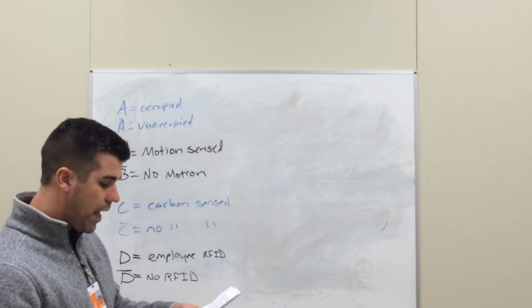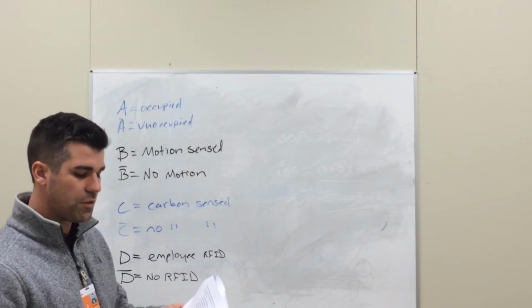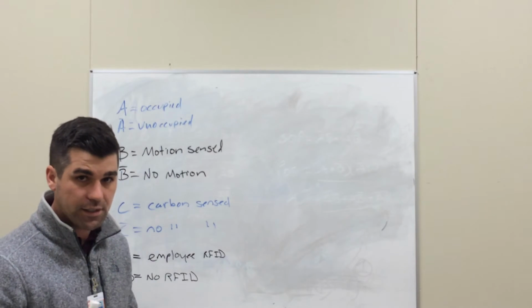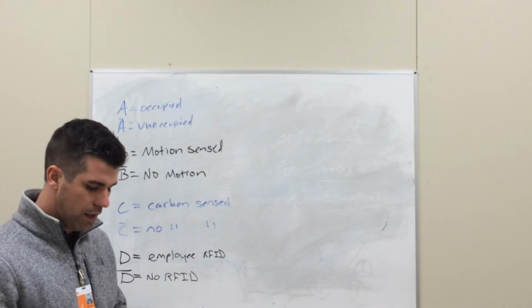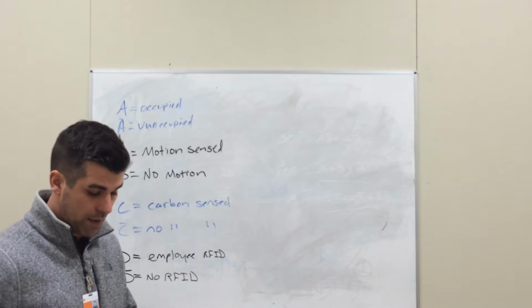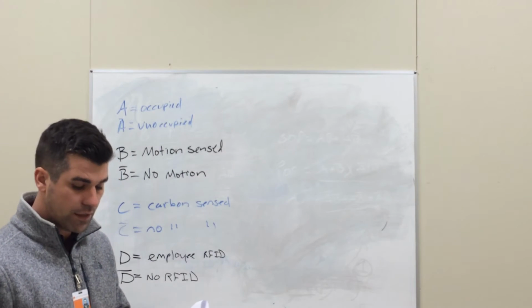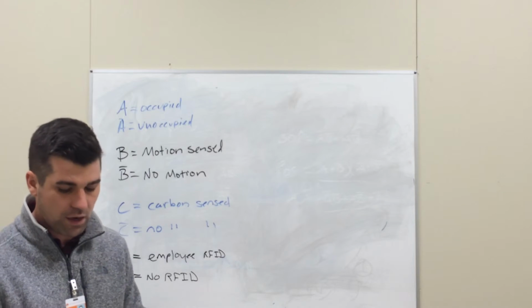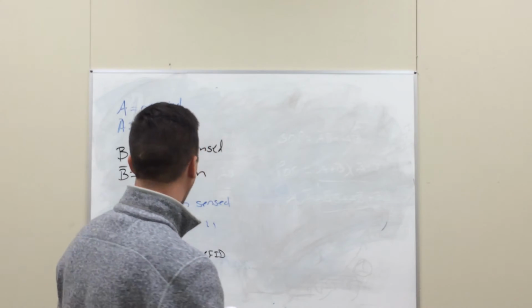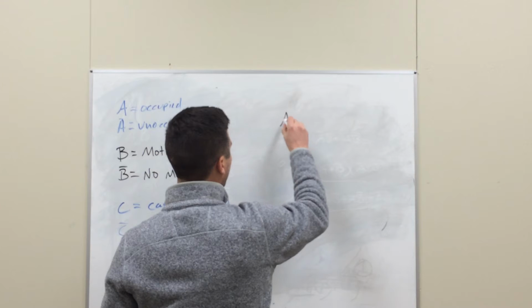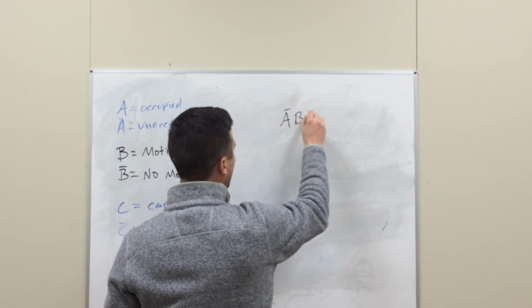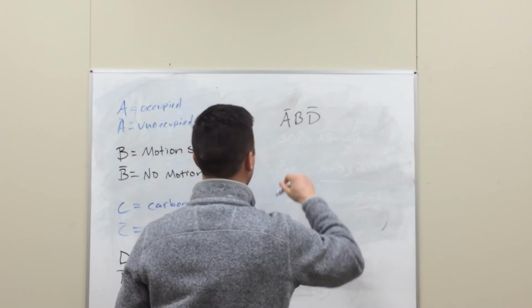A, the condition for A was the circuit will alarm when there is motion sensed, and it was bolded for a reason, the building is in the unoccupied state, and there isn't an employee with an RFID card, okay? So I interpreted that as A naught, B, D naught, okay?